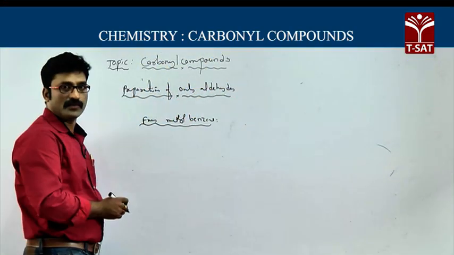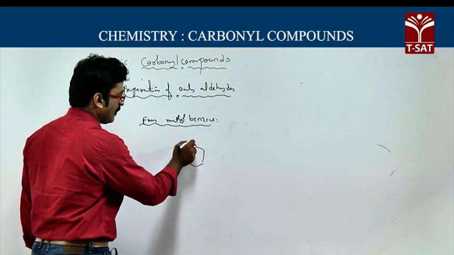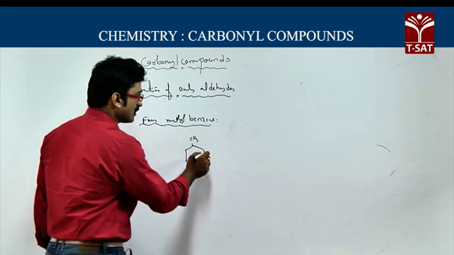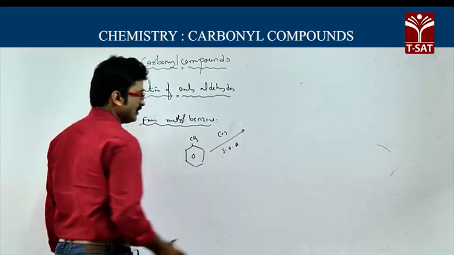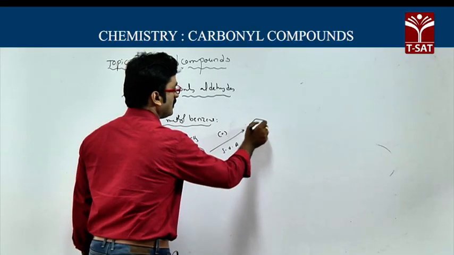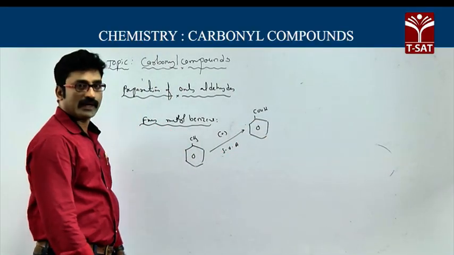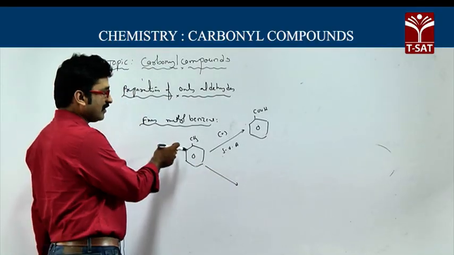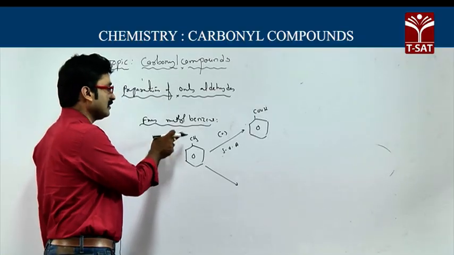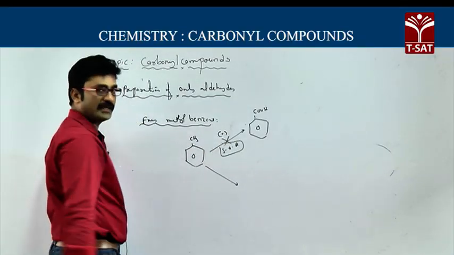Next, from methyl benzene. Methyl benzene is nothing but toluene. This toluene on oxidation in the presence of a strong oxidizing agent gives benzoic acid. But if you want to prepare only benzaldehyde from toluene or methyl benzene, you are not supposed to use strong oxidizing agents.